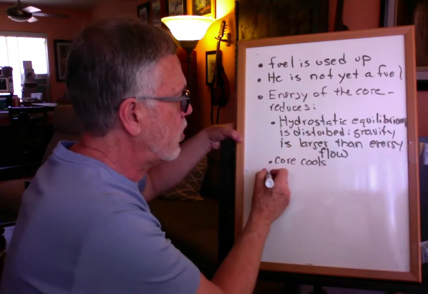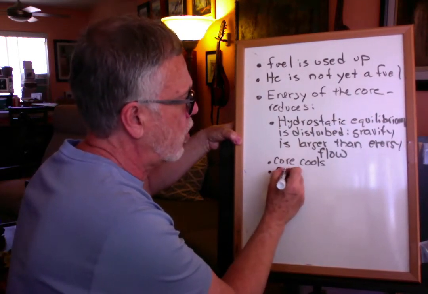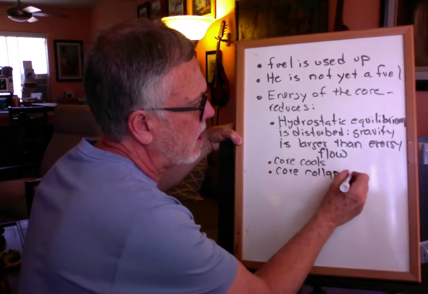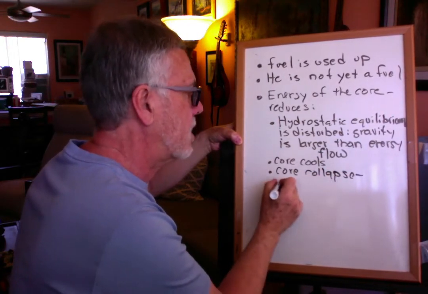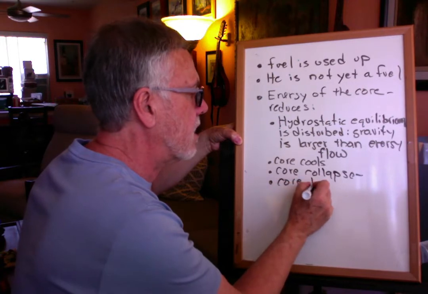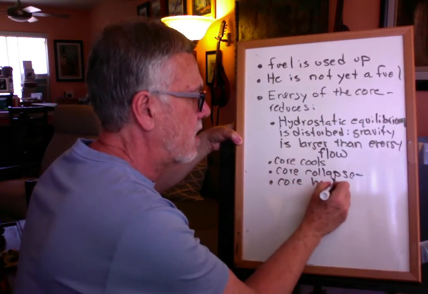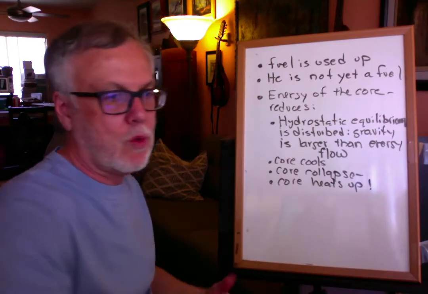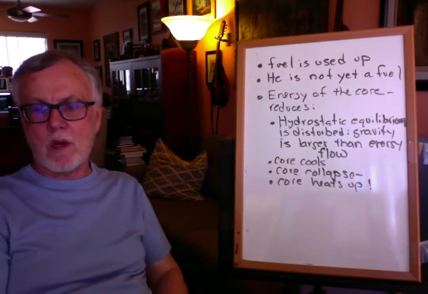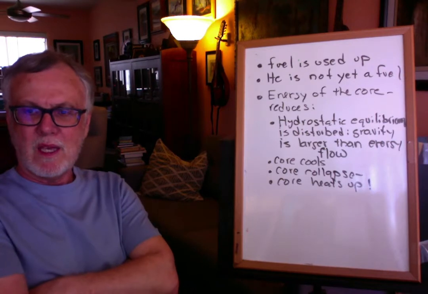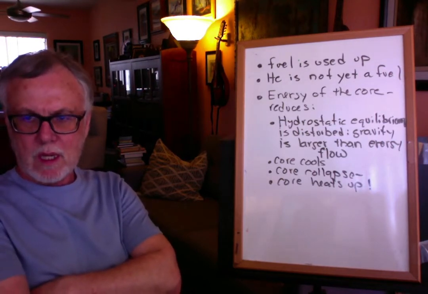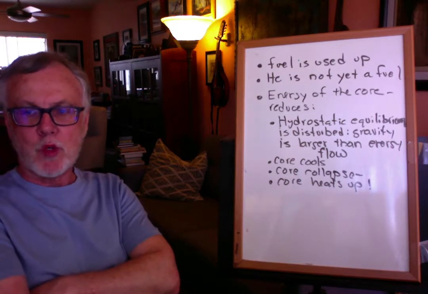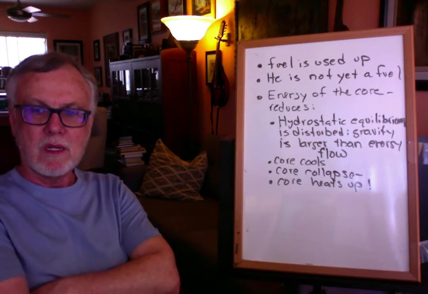And so as the core cools, the core collapses, and because it collapses, the core begins to heat again. So isn't that kind of funny? Because the core is cooling, it will eventually heat up. And it all has to do with this balance between the forces within a star.